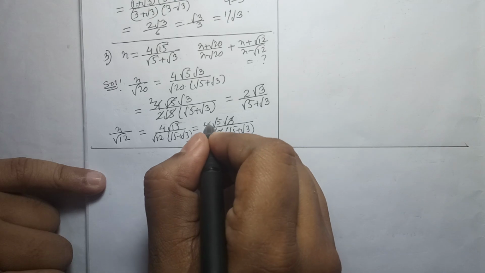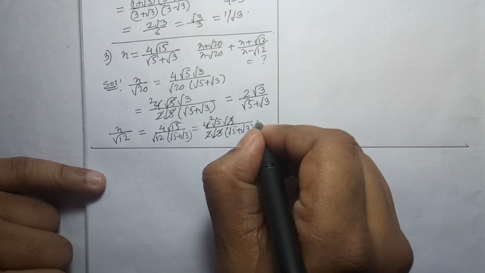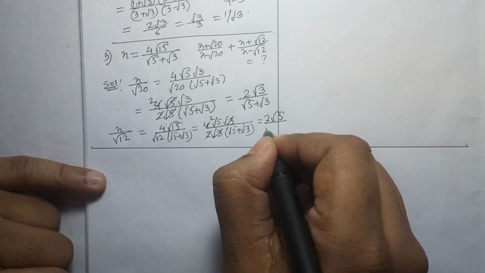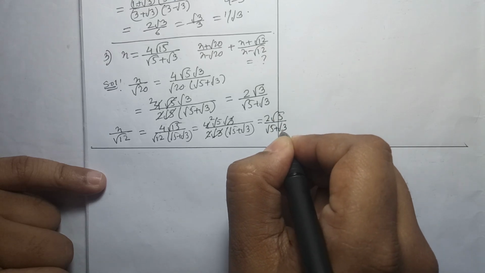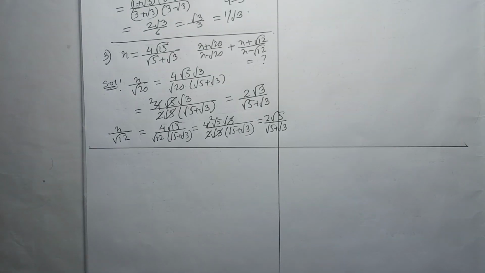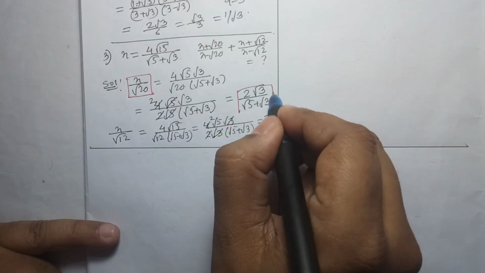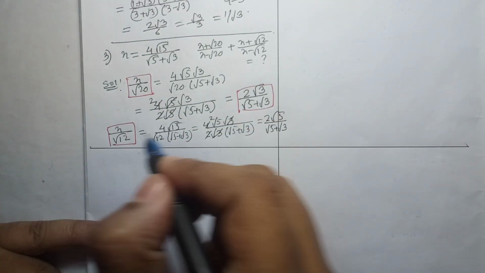Root 3 gets cancelled, 2 gets cancelled. So this will give you 2 root 5 divided by root 5 plus root 3. Okay. So I have got x by root 20 is equal to this, and x by root 12 is equal to this.